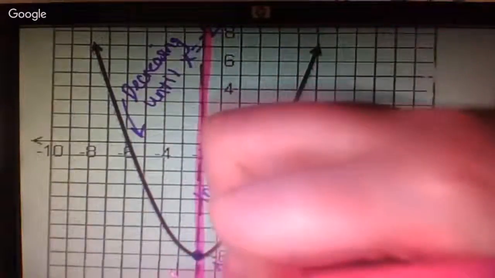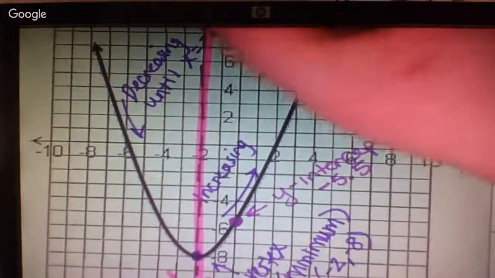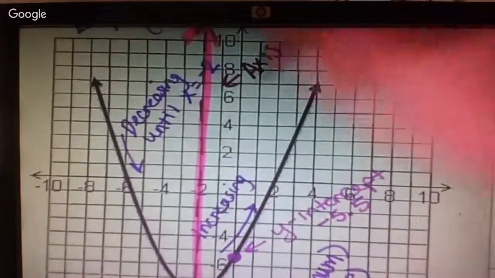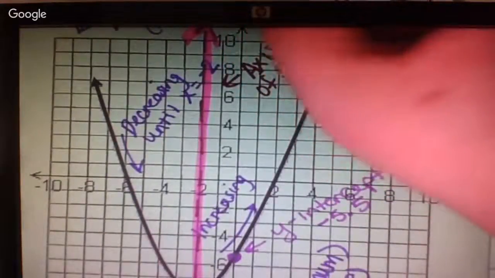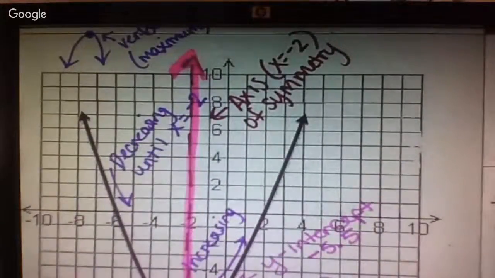Okay, so that is your axis of symmetry, and that's x equals -2. So notice the x part of your vertex and your axis of symmetry should be the same.